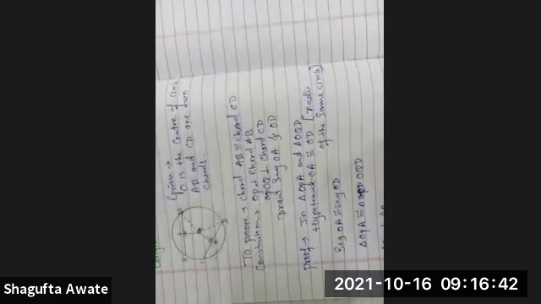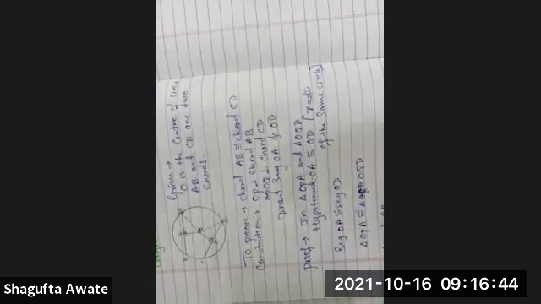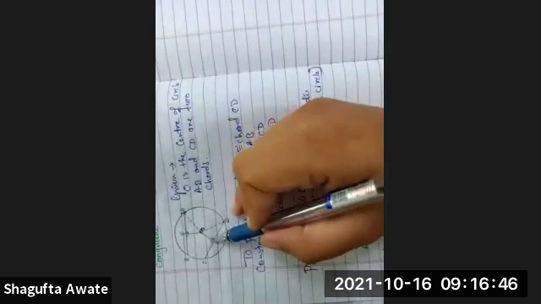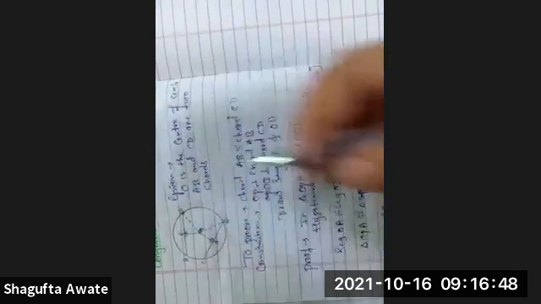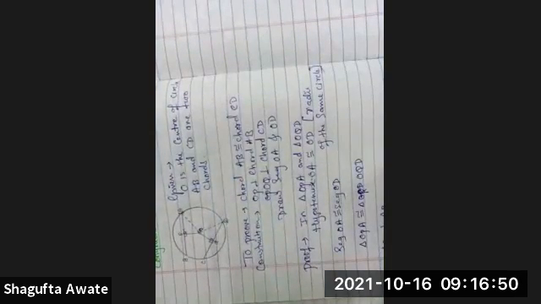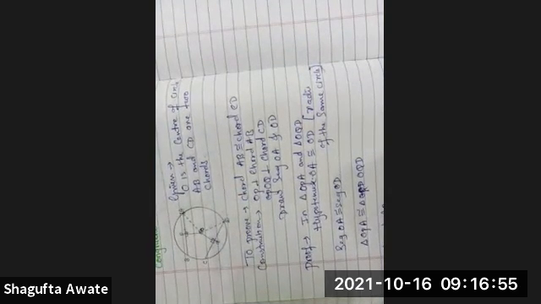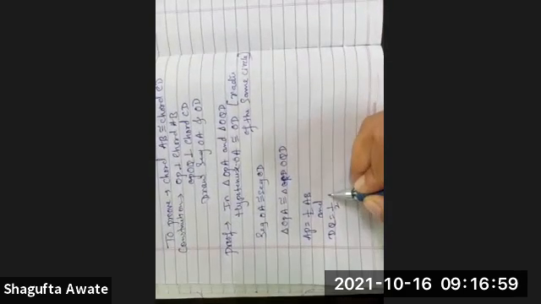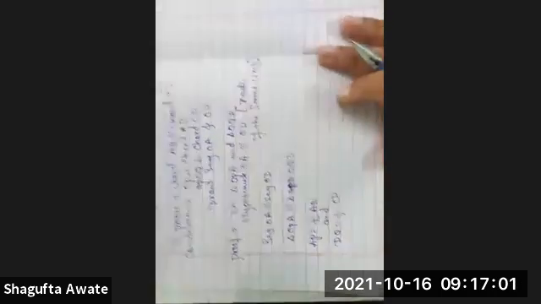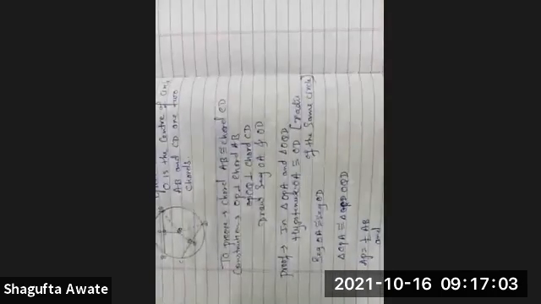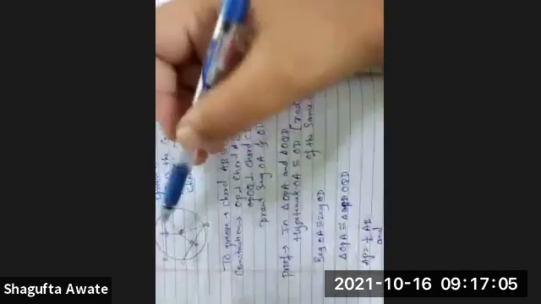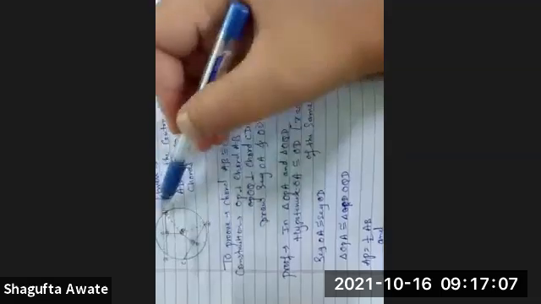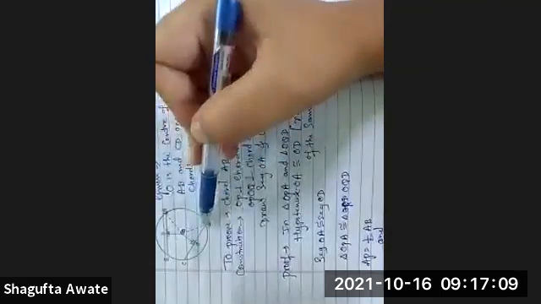And in the same way, DQ or QD is half the length of CD. What is the reason here? AP is half the length of AB and QD is half the length of CD.